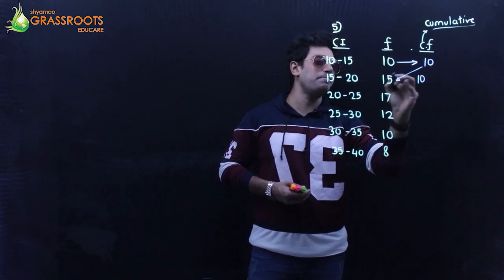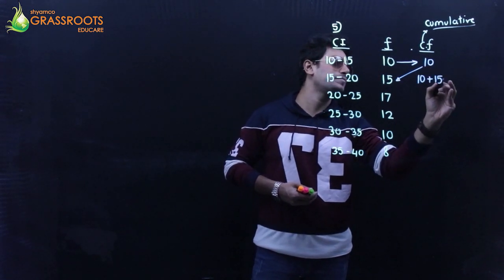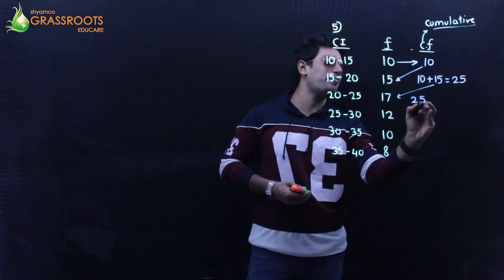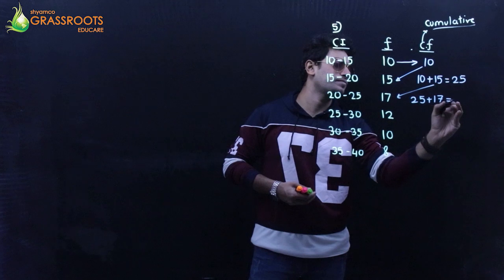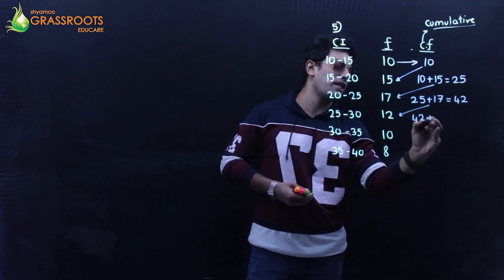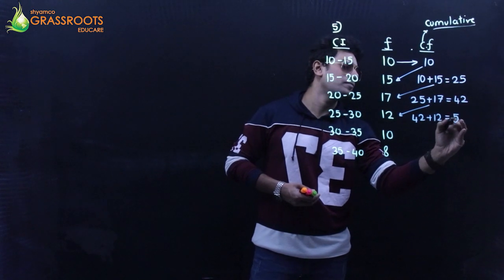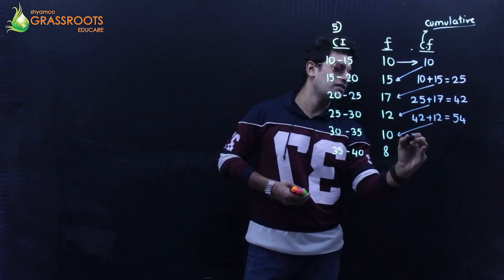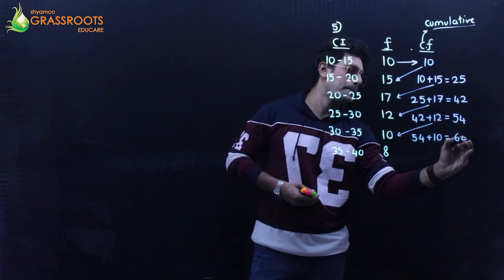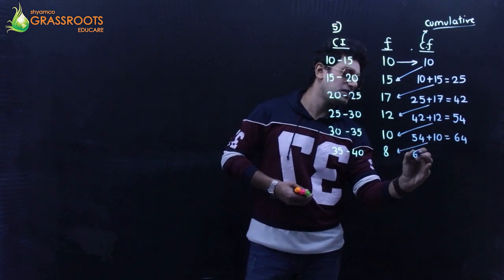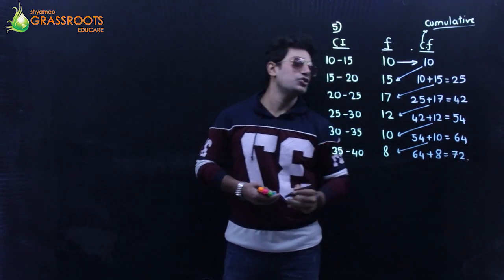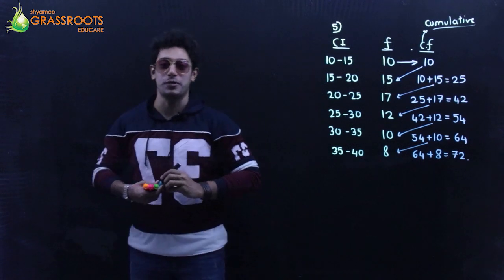So this will be 10 plus 15, next 25 plus 17, next 42 plus 12, next 54 plus 10, next 64 plus 8. So that's how I get my cumulative frequency.